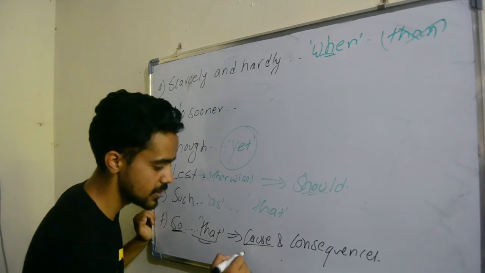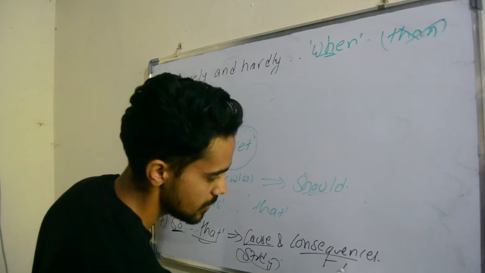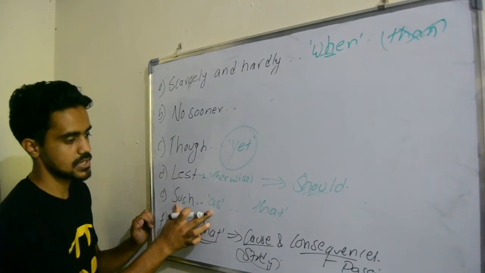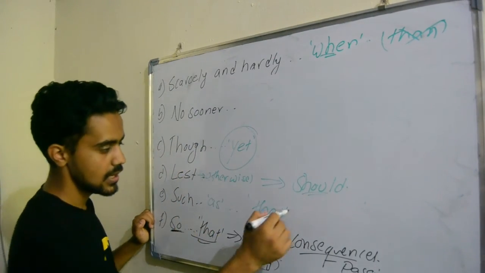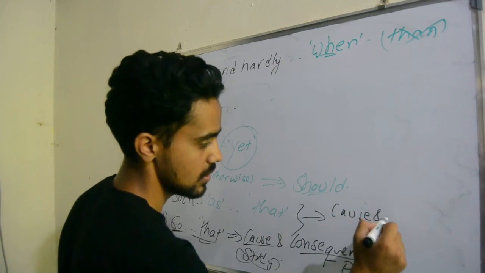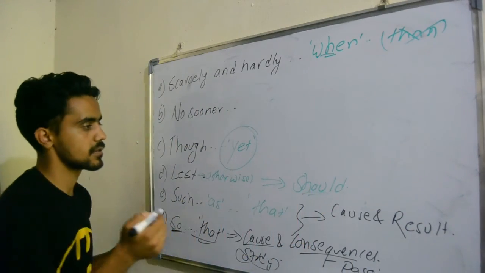Here the cause is studying and the consequence is passing the exam. So that, such that, this kind of conjunction always connects the cause and the result, I can say, right? So never be confused.